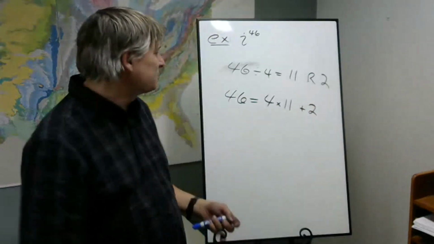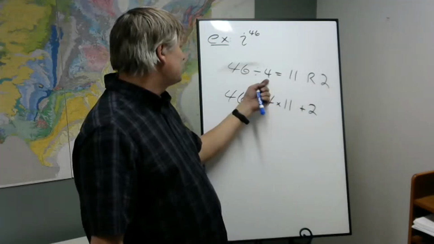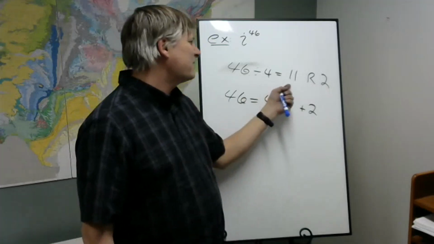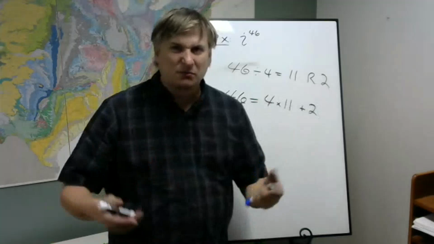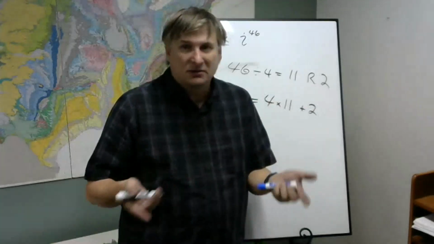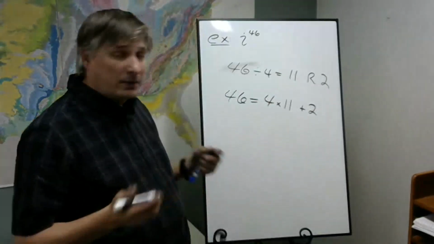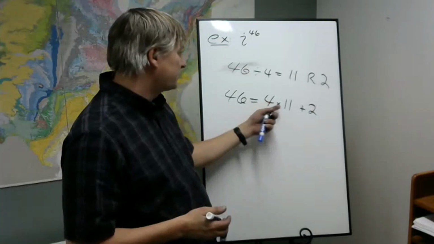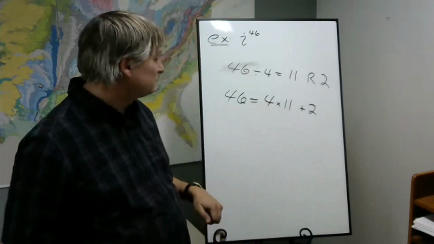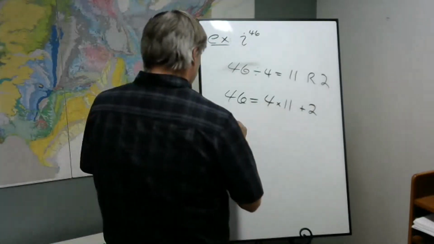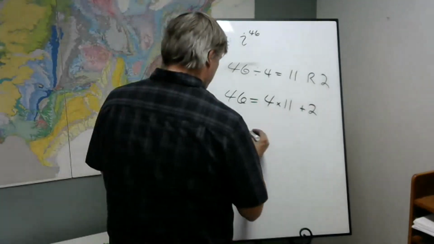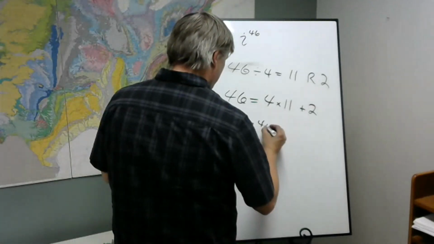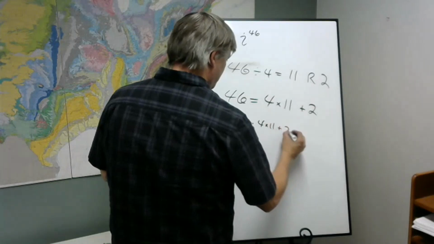That's what remainder means. So how many times does 4 go into 46? 11 times. There's 11 4s in here. And then there's 2 extras. Not 4s, but just 2 1s left over. So what this says is that 46 is 4 times 11 plus 2. So that means I to the 46 is I to the 4 times 11 plus 2.